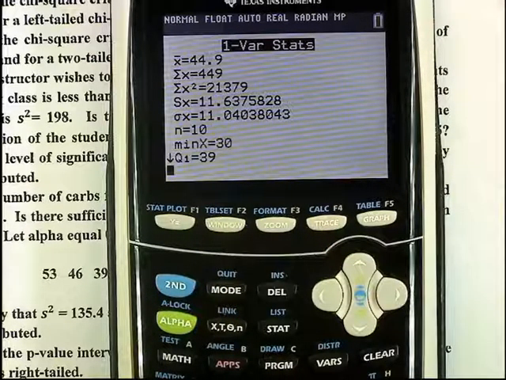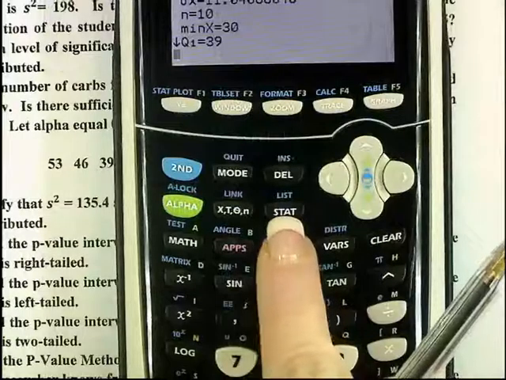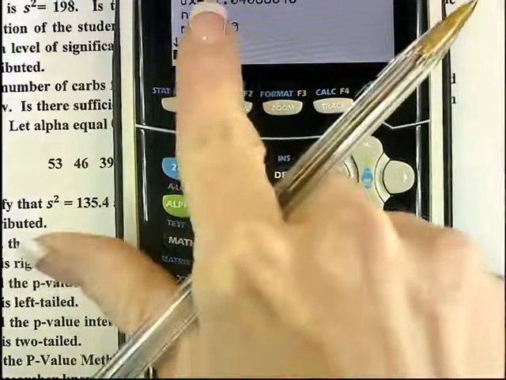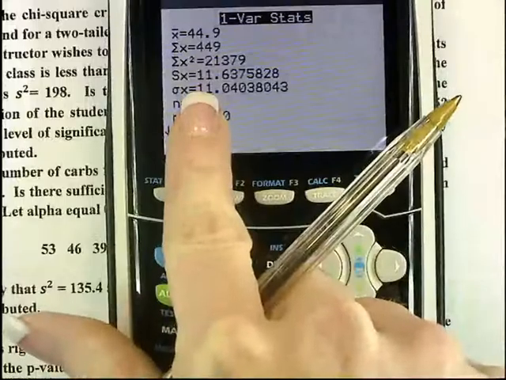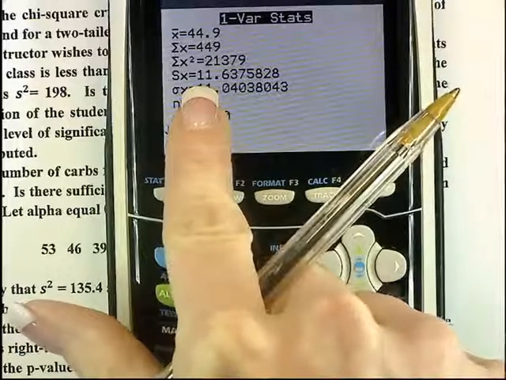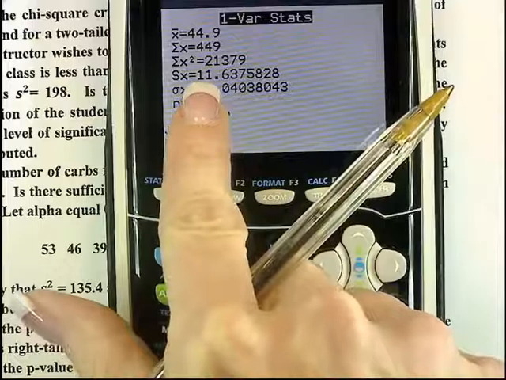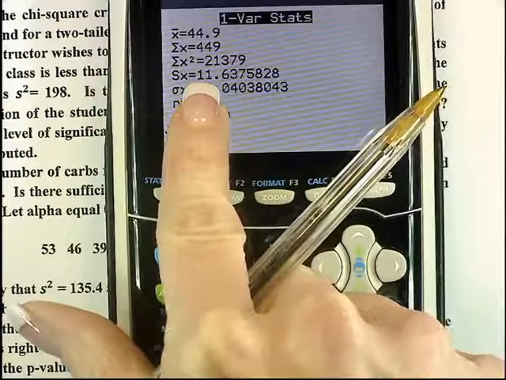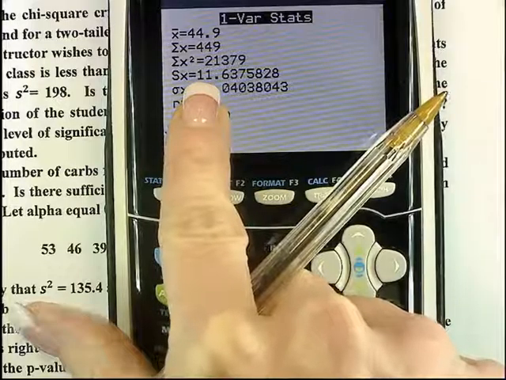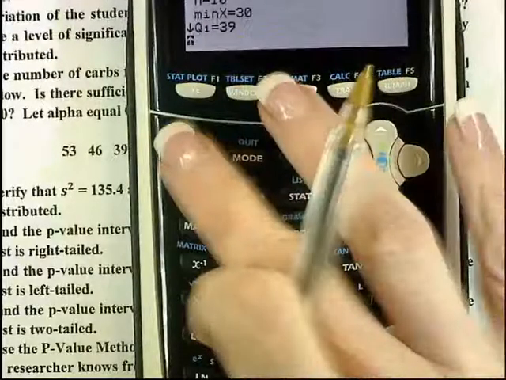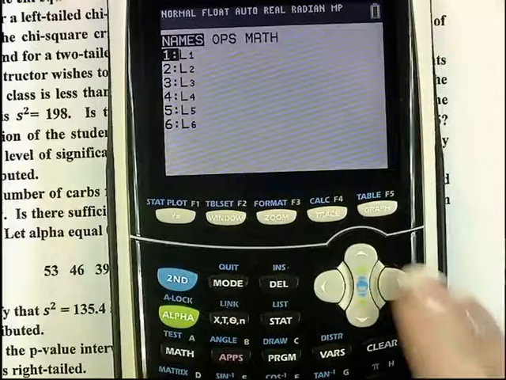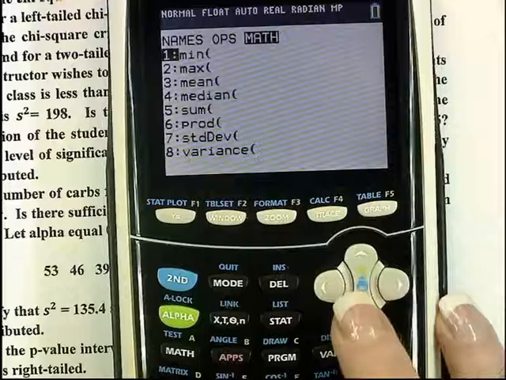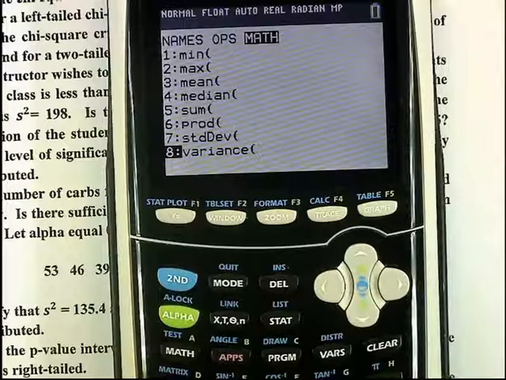Remember, to find sample variance S squared, we have to go to second stat, or we could square this S. Type this out and square it, but don't round and square it. Type out 11.6375828 and square it. But I prefer to go to second stat, and when you go to second stat, arrow over to math, and variance is number 8.